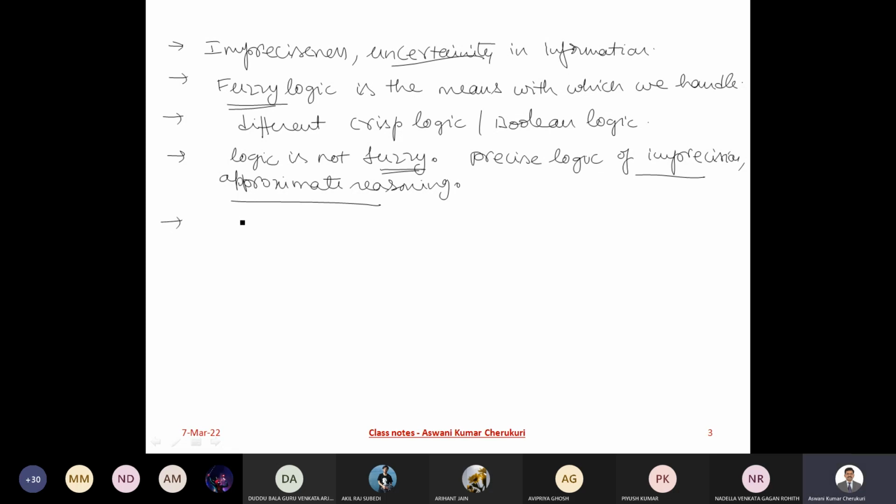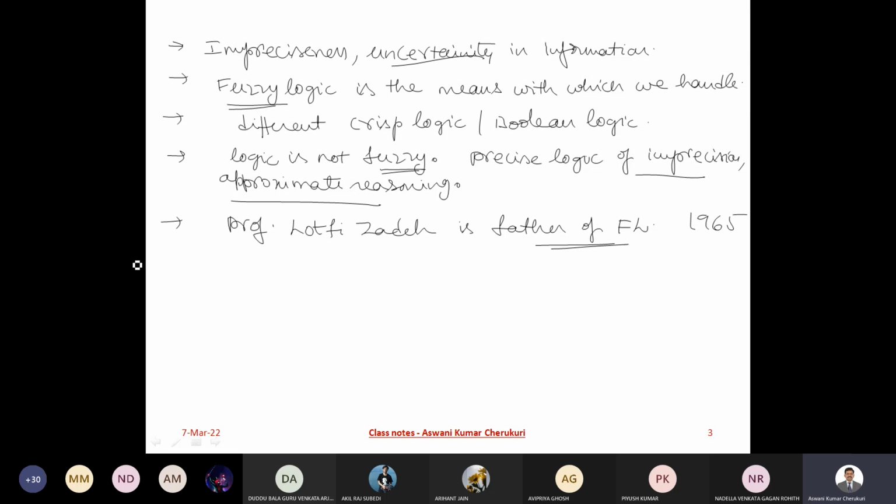Professor Zadeh is the father of fuzzy logic. He introduced fuzzy logic in 1965, and he's a professor at the University of California, Berkeley.